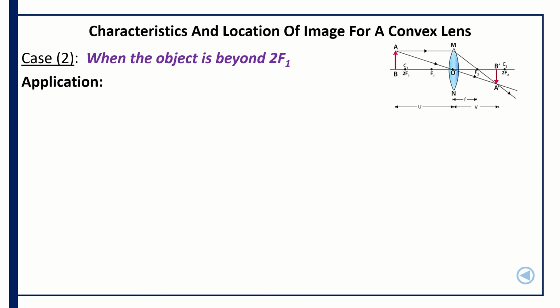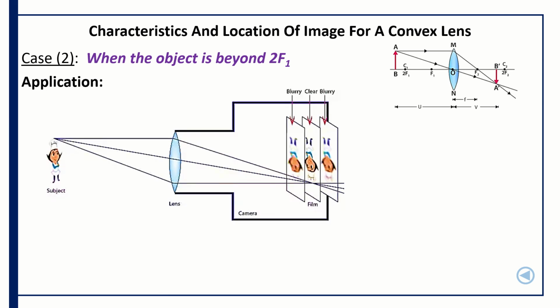Now, let's try to understand the application of keeping the object beyond 2F1. If we keep an object beyond 2F1 and we are using a camera, in a camera we use convex lenses, so we get a clear picture of the subject or object in the camera.